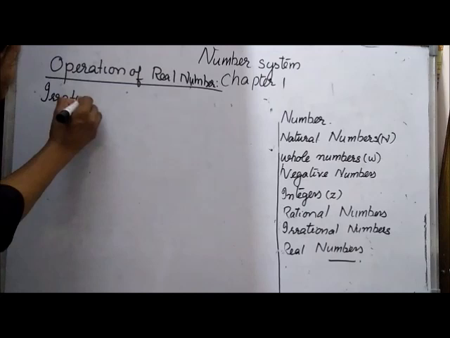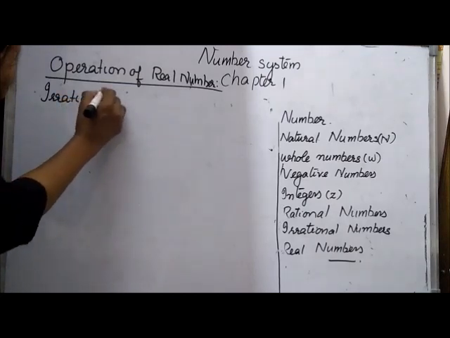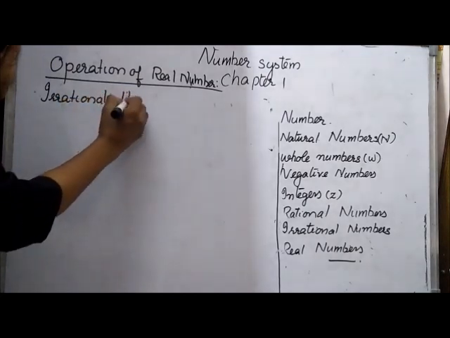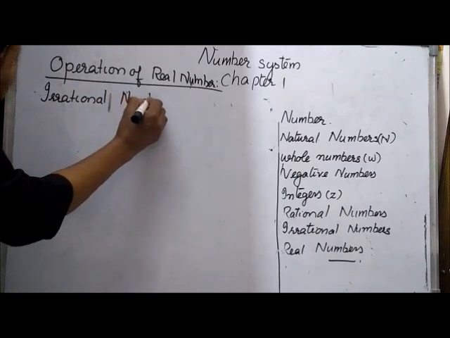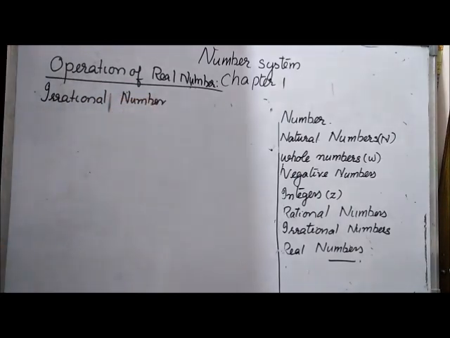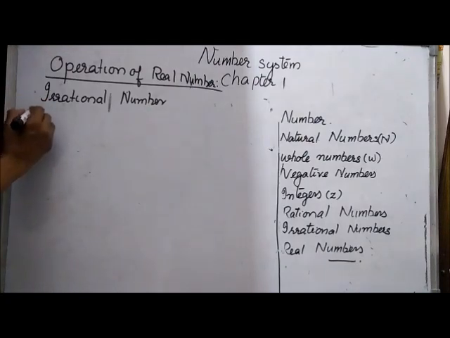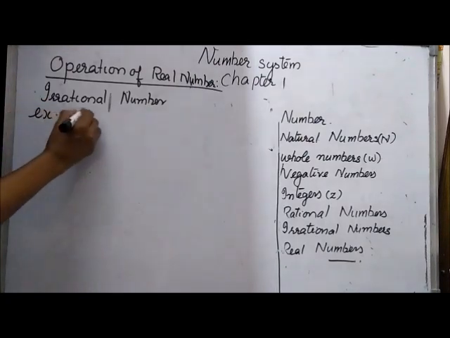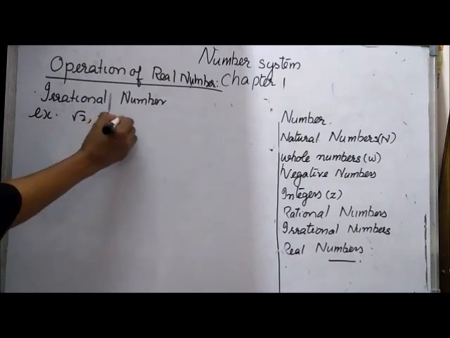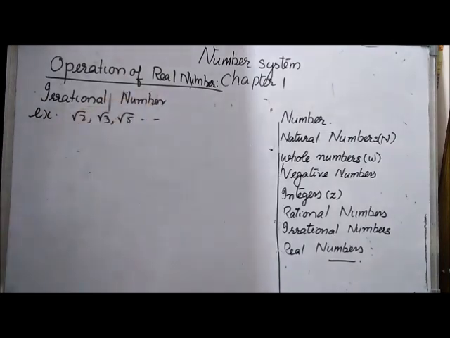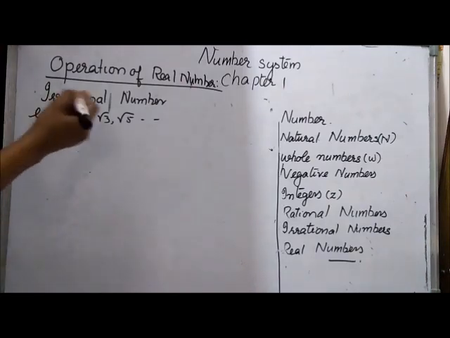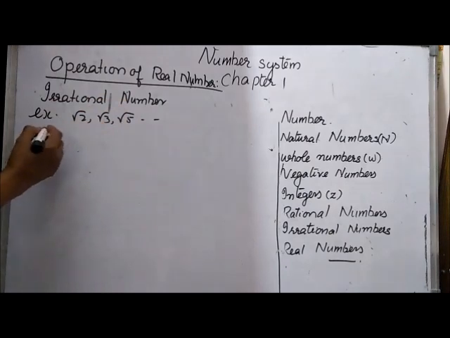Irrational numbers, for example root 2, root 3, root 5, are our common irrational numbers. Now, how will we add, subtract, multiply and divide?